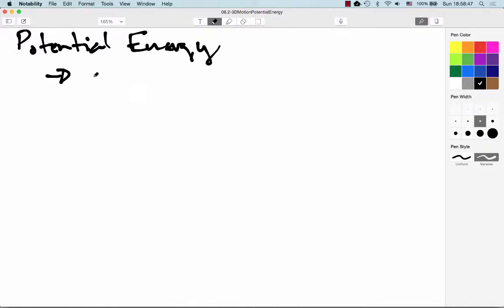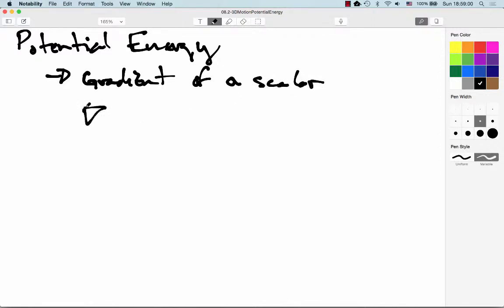First off, I need to give us the idea of what the gradient of a scalar function is. So what I'm going to do is we're going to operate the gradient on some scalar function. Let's just call it v.